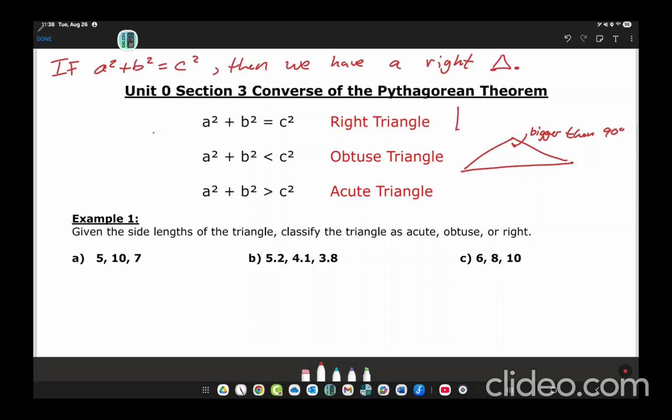Right triangle, you have that one right angle. Now, if c squared is less than a squared plus b squared, then you have an acute triangle, which means no angles bigger than 90.